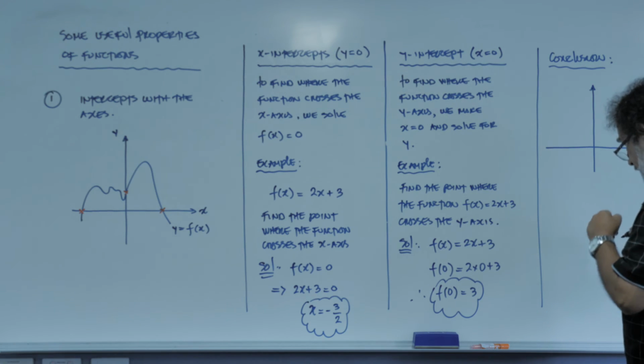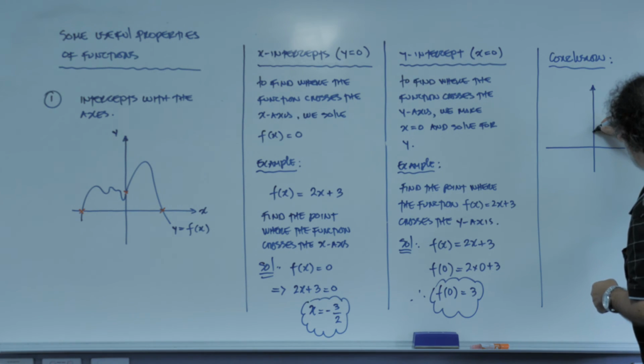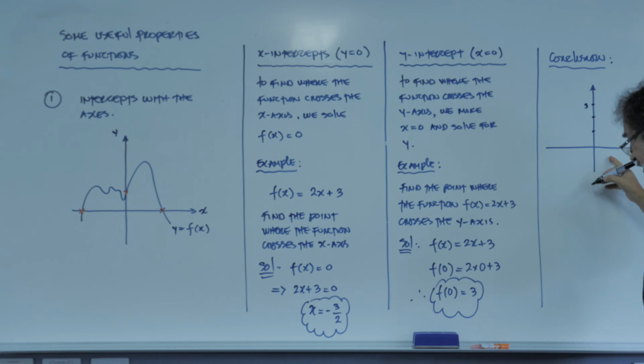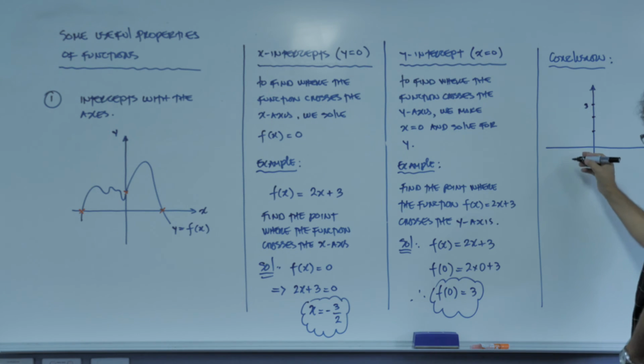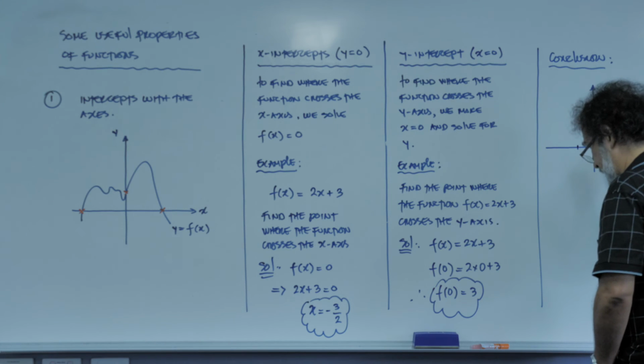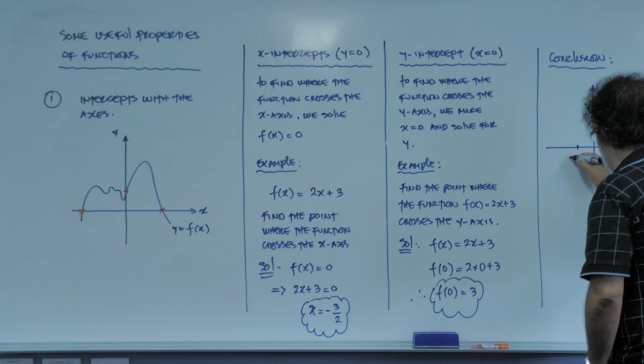Okay, so let's say that this is 1, 2, 3, and this is, let's say, 1 somewhere here. Let's say that this is not to scale. This is minus 1.5.